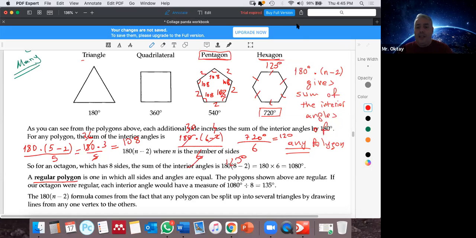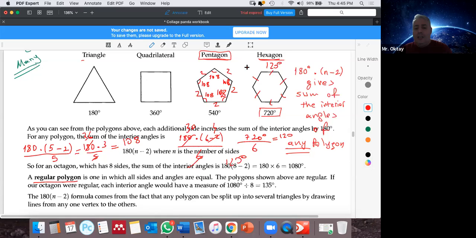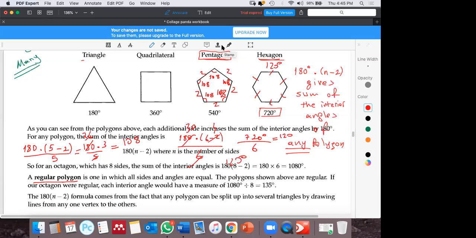Any question till here? Can we say that every additional side is plus 180? Like from a triangle, we know a triangle is 180, so with an additional side 360, and then another additional one.